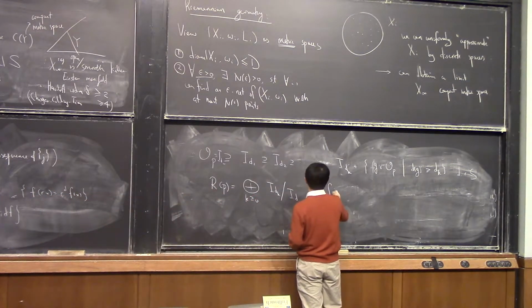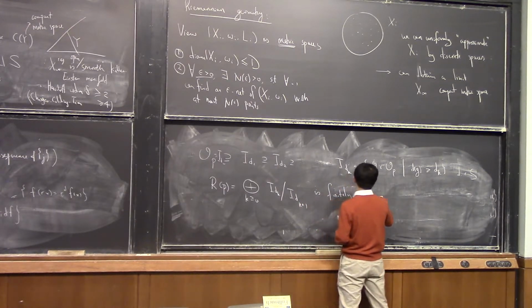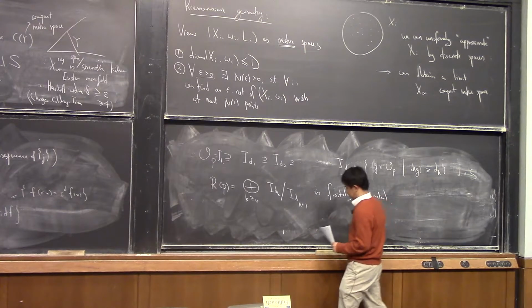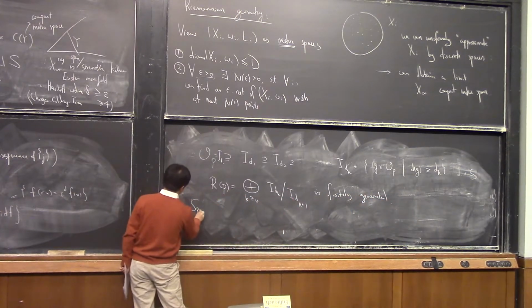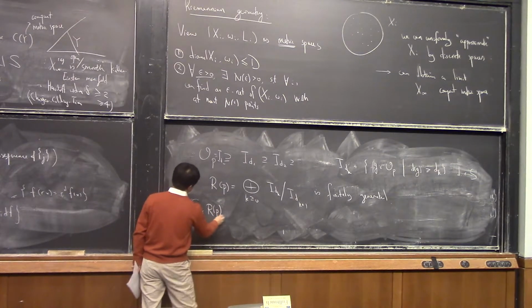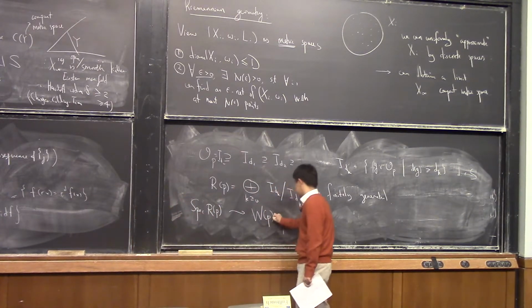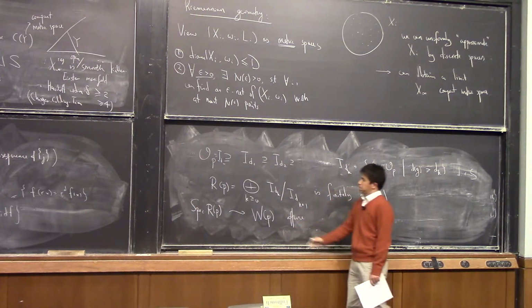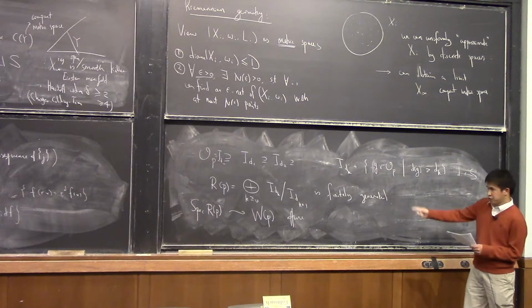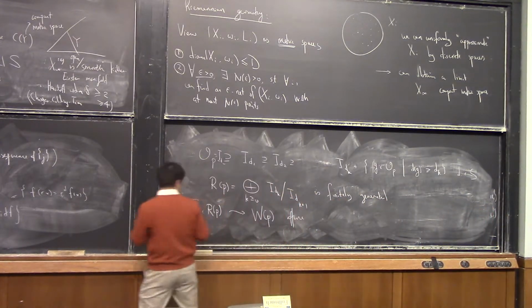This is finitely generated. So Spec R_P defines an affine algebraic variety W_P. We hope this is the same as C_Y, but unfortunately it's still not yet done.